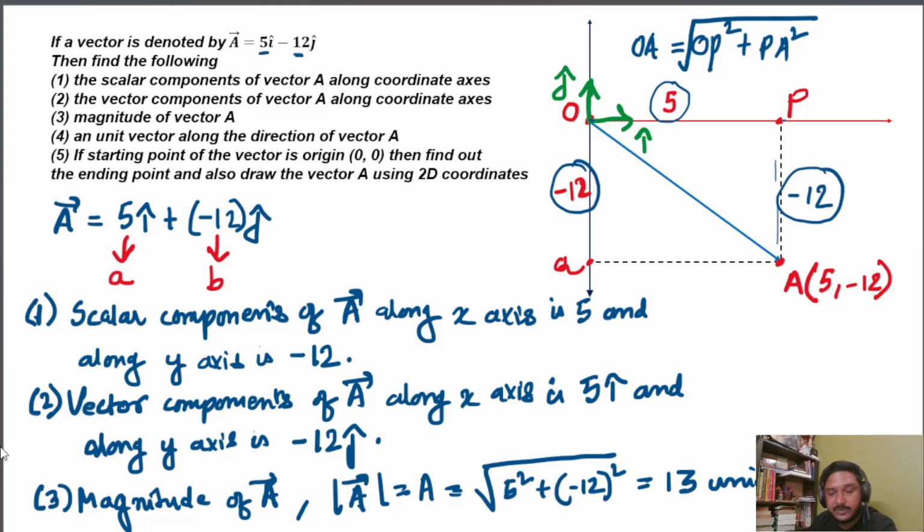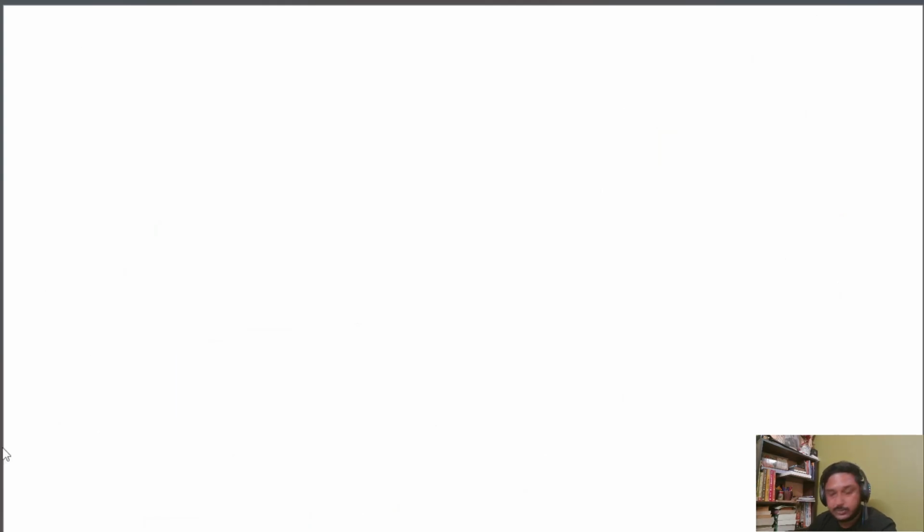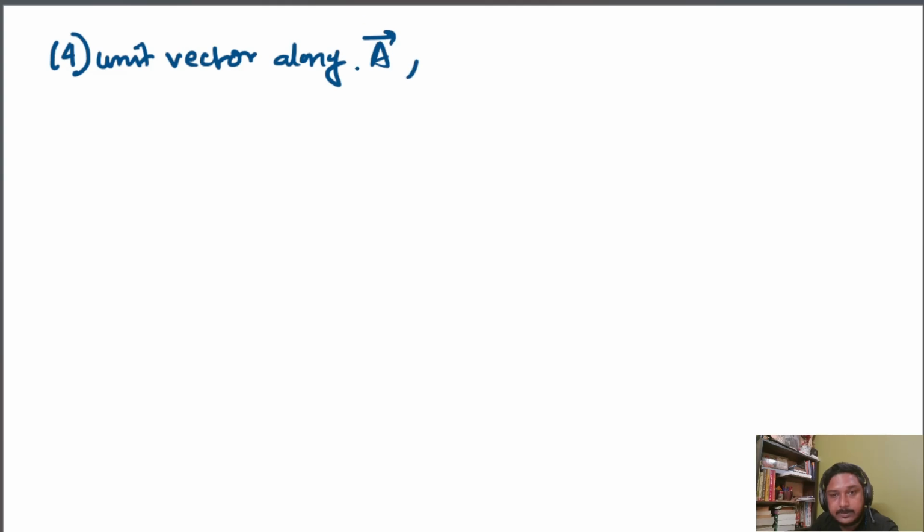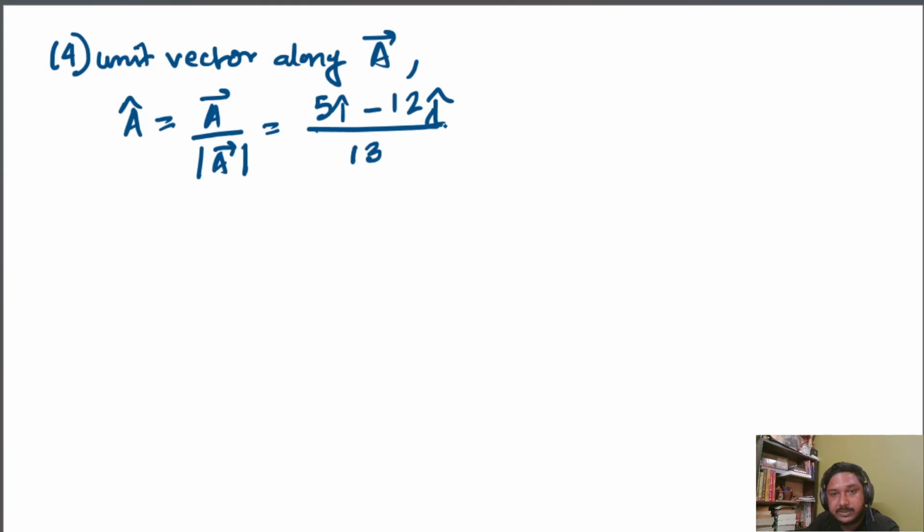Now next, a unit vector along vector A. So number 4 will be finding the unit vector along vector A. That will be A cap, which will be vector A divided by the modulus of vector A. So it was 5 I cap minus 12 j cap divided by 13, the magnitude.